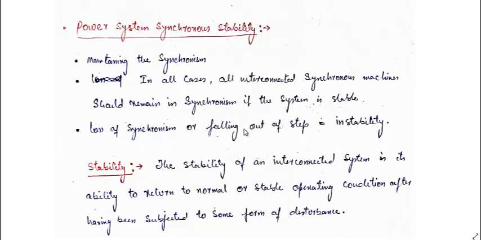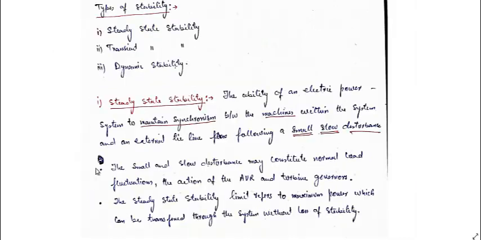If because of this disturbance the synchronous machine is not running at synchronous speed, that means the system is not stable. The form of disturbance may be quite high, maybe quite low, maybe slow, maybe fast. Based on the form of disturbance, stability is classified into three types: steady state stability, transient state stability, and dynamic stability.